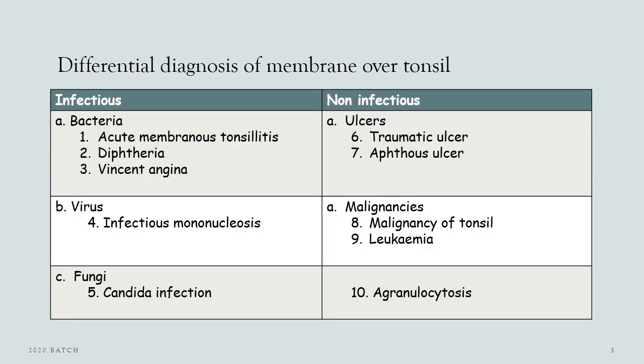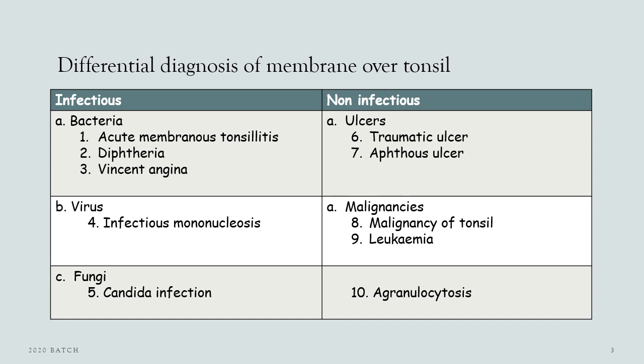Differential diagnosis of membrane over tonsil can be divided into infectious causes and non-infectious causes. And again, under infectious causes, we have bacteria, we have virus, and we have fungi. Under the bacteria, we have acute membranous tonsillitis caused by pyogenic organisms, diphtheria caused by Corynebacterium diphtheriae, and Vincent angina caused by Borrelia and fusiform bacilli. And under virus, we have infectious mononucleosis caused by Epstein-Barr virus.